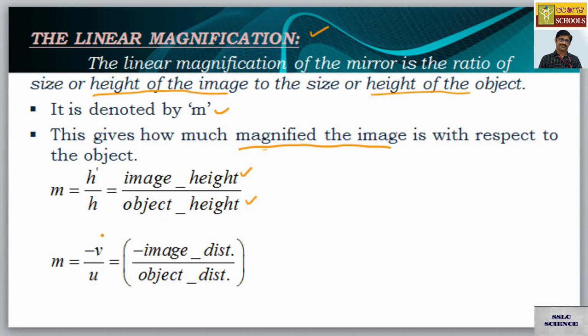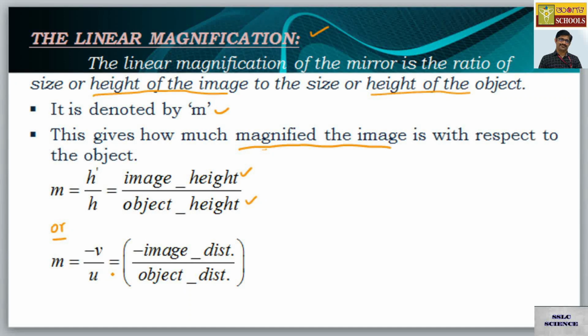In terms of object and image distances, m is equal to minus v upon u. Minus, again, follows the conventions.